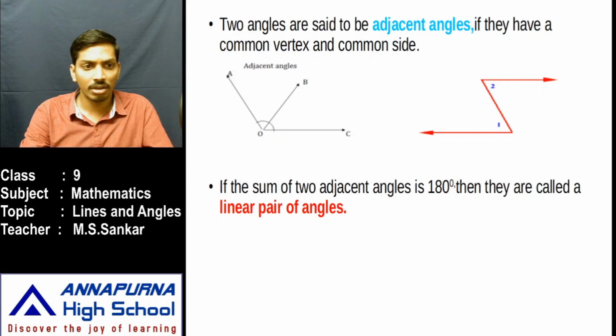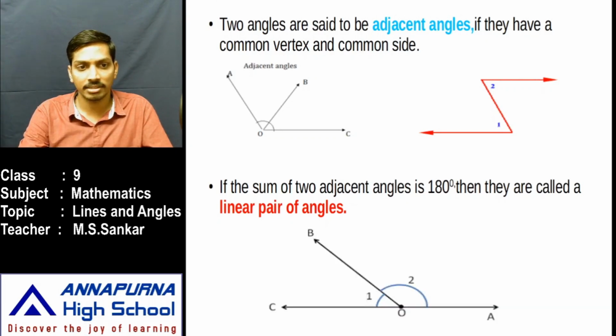Next one, linear pair of angles. What are linear pair of angles? If the sum of the two adjacent angles is 180 degrees, then they are called a linear pair of angles. Example, see the figure. OA, OB, OC are three different rays.